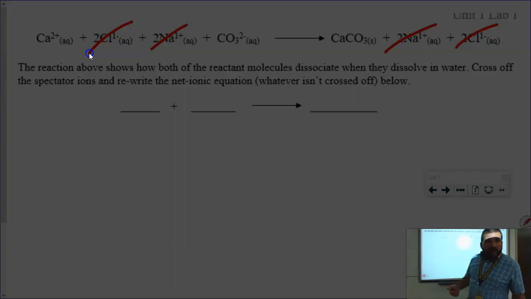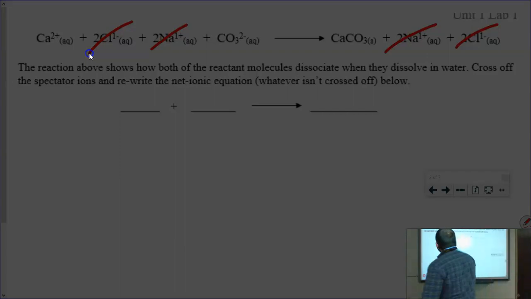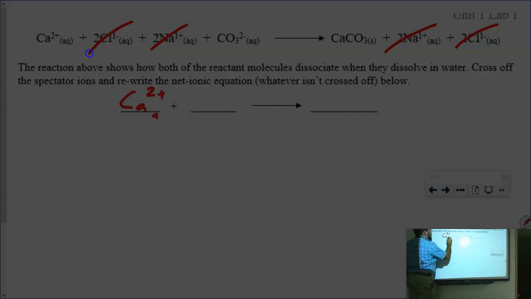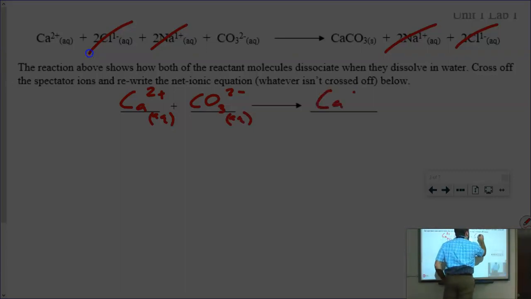The true chemical reaction that we had occurring was we had calcium ions, aqueous. By the way, the little AQ stands for aqueous, which means something dissolved in water, plus carbonate ions, also aqueous. So these ions mixed with those ions, and that is what turned into our solid.